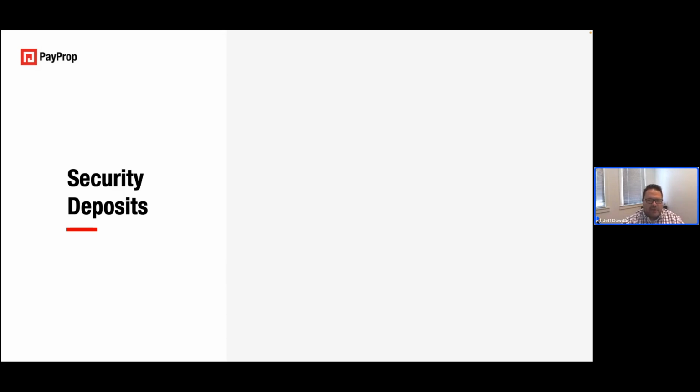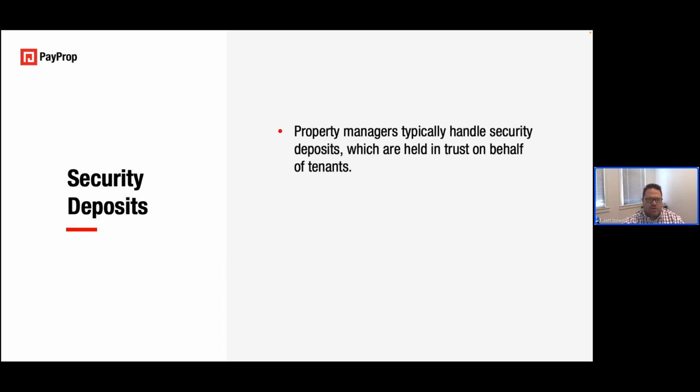Now, the other part of it is the security deposits. Most people have a second trust account to park those security deposits in there because there are very strict laws in most of the states related to how those are handled and what you need to do. And typically, most of us know what the definition of that is. It's on the screen there.